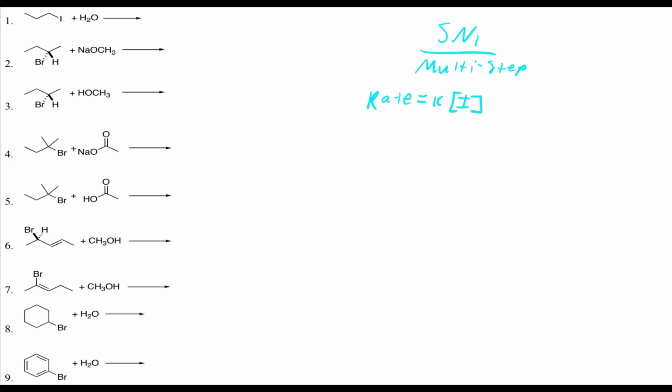And we don't care about liquids or solids in our reaction process. And so the only thing that we care about is going to be the iodide or whatever. And, well, it's just one value. So if a problem says, in an SN1 reaction, we increase the iodine concentration by 50 kajillion, what is the rate? Well, the rate is going to increase by 50 kajillion because it's only one individual that really matters, right?